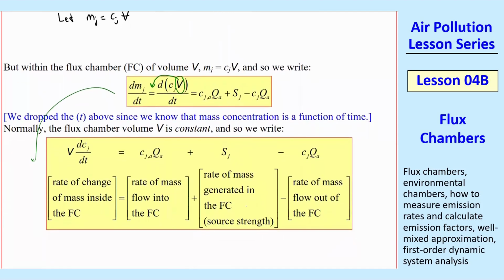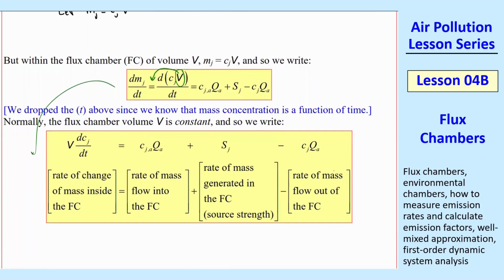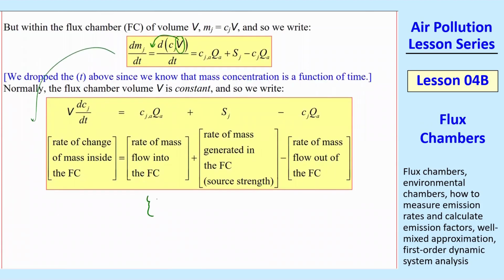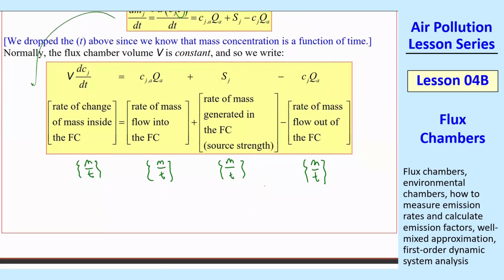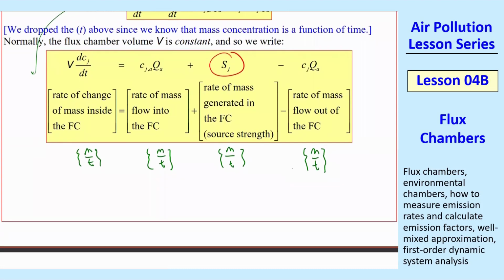And I labeled all these terms so that you can see what's going on. Every one of these terms has the dimensions of mass per time. And so you can go through and look at all the dimensions of each of these variables and convince yourself that these are all dimensions of m over t. And usually this is the unknown, and the reason we're using a flux chamber is that we want to measure SJ.